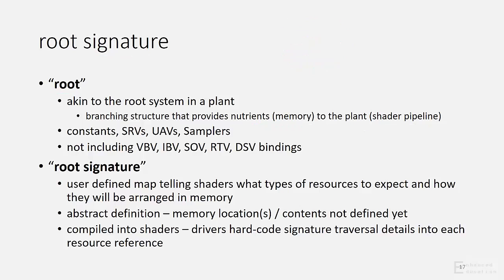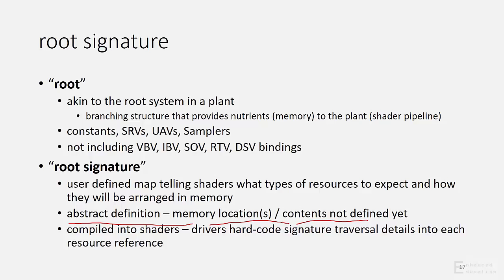So the root signature is a completely user-defined map identifying to shaders what type of resources they should expect to find and how they'll be arranged in memory. This definition, sort of like a function signature in C programming, is abstract in that the memory locations being referenced or the contents of that memory aren't defined yet.